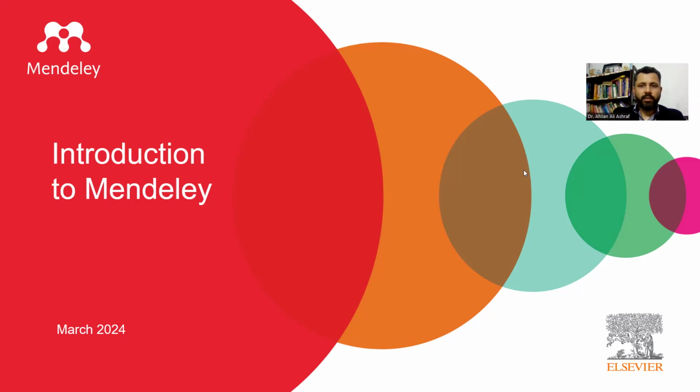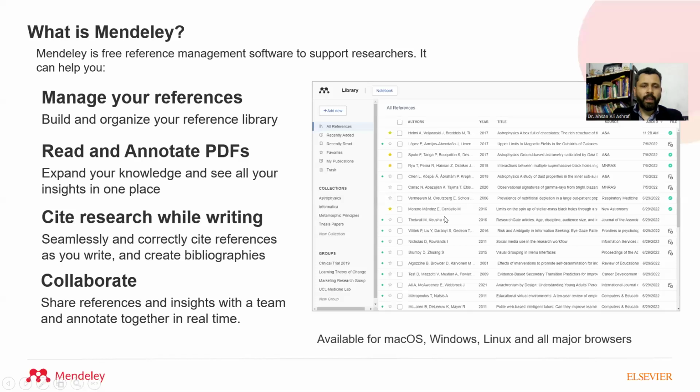So starting with the basic intro, this is the Mendeley platform, which manages your referencing and lets you read and annotate PDF files. You can write notes and highlight your text on the PDF. You can cite research by using Microsoft Word.